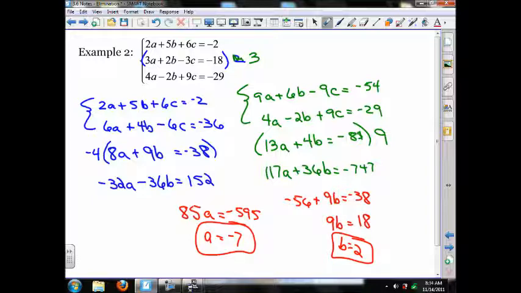When we get that whole number, the integer of -7, it should be feeling pretty good.